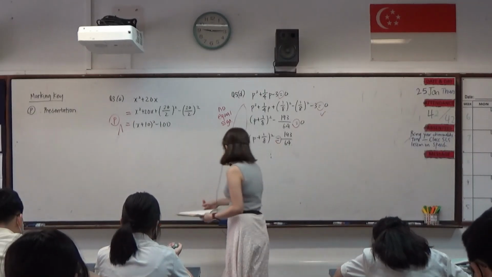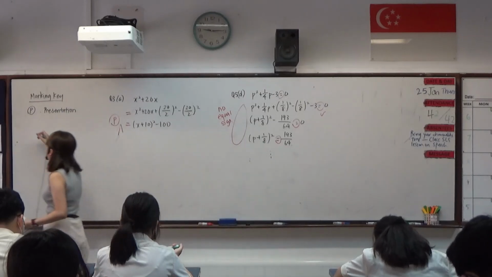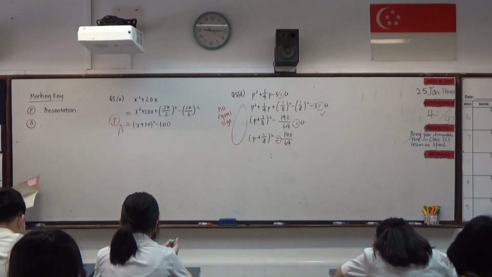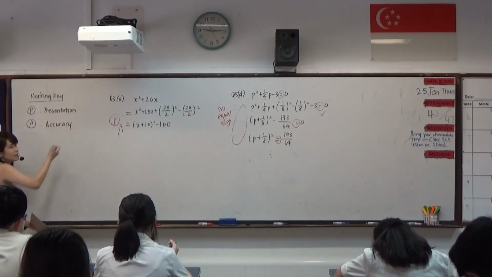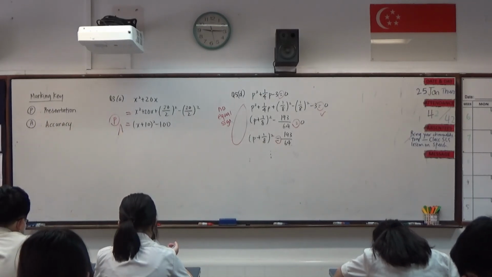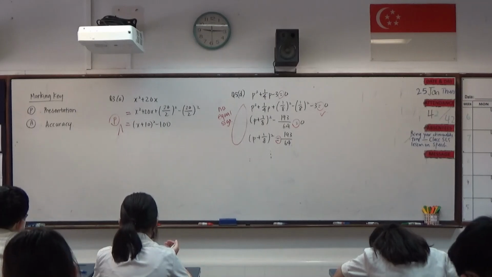Alright? Next, A, which is another common problem that represents accuracy. I'm not trying to grade your work, I'm not telling you that your work is great, but indicating an A. A means accuracy.